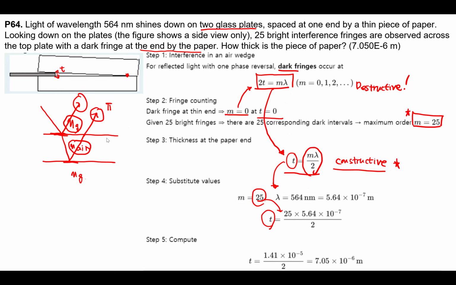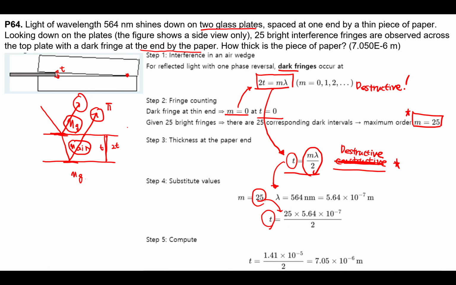Note that 1t plus another t, so 2t is the path difference. And if the 2t is m lambda, then it is destructive. Sorry, this is not destructive. And then you get all the numbers correct, and then you can find out t.